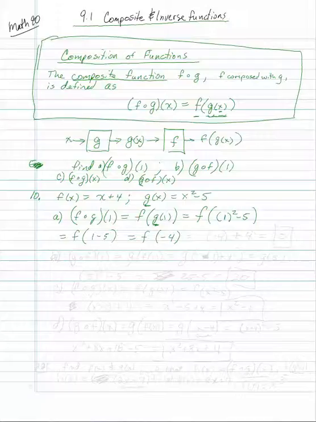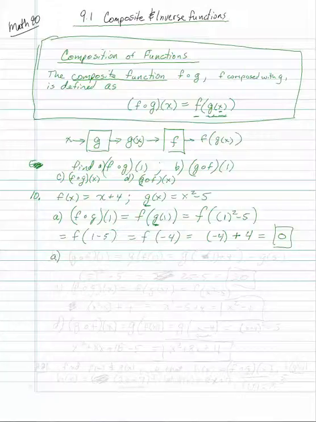So g of 1 is negative 4, and now I'm going to do f of negative 4, so I put the negative 4 into the f function. The f function is x plus 4: you take whatever you plug in and add 4 to it. So I put negative 4 in for x, and my final answer is 0 for A.